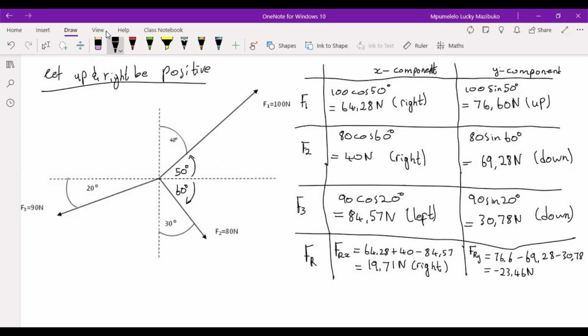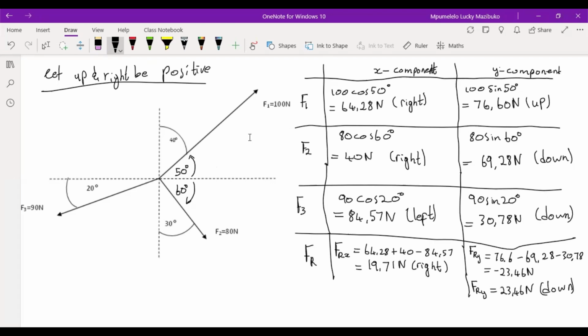You can't say downwards yet with the negative sign. So it is a positive 23.46 newtons down. You can't put the down and the negative in one line. They cancel each other out. Very important.